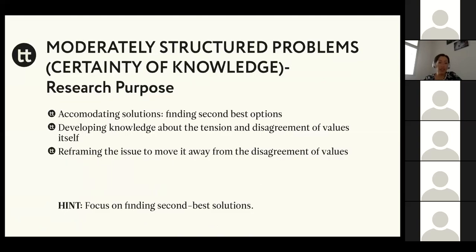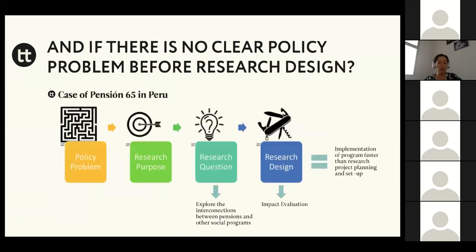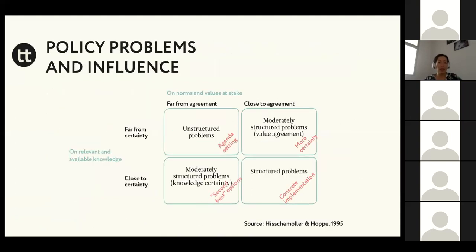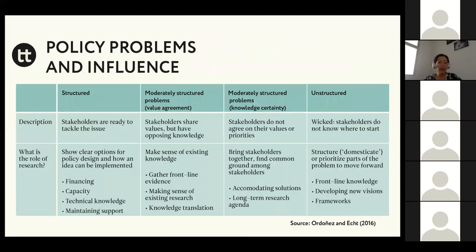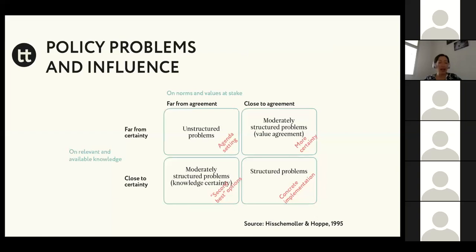So as we have seen here, we have all these different types of problems. And what I want to do now going forward is understand how these policy problems relate to influence, right? To our capacity to influence.